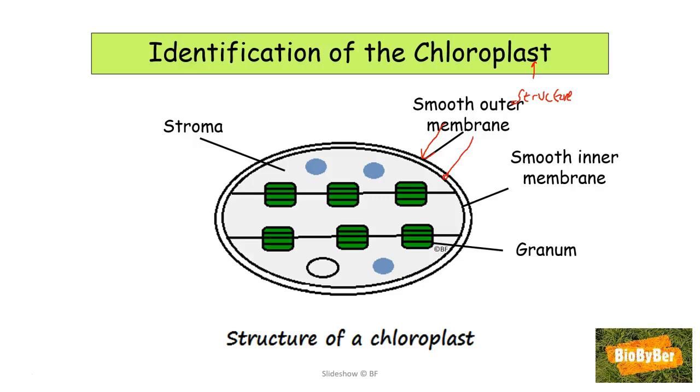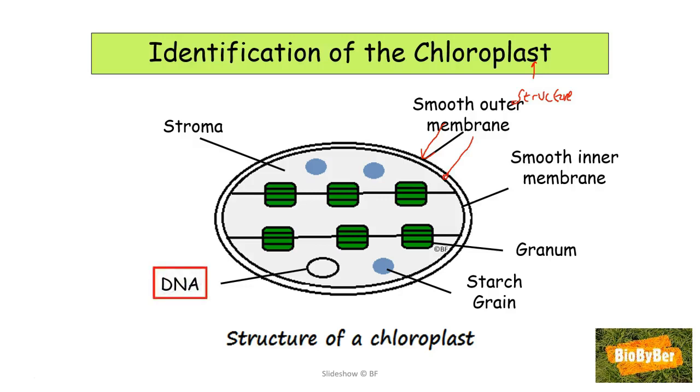And it is in the granum that you find the chlorophyll, the green colour or the green pigment. Chloroplasts also have starch grains. This is logical enough when you think about it because their function is to make food for the plant, so the food has to be stored in the form of starch.